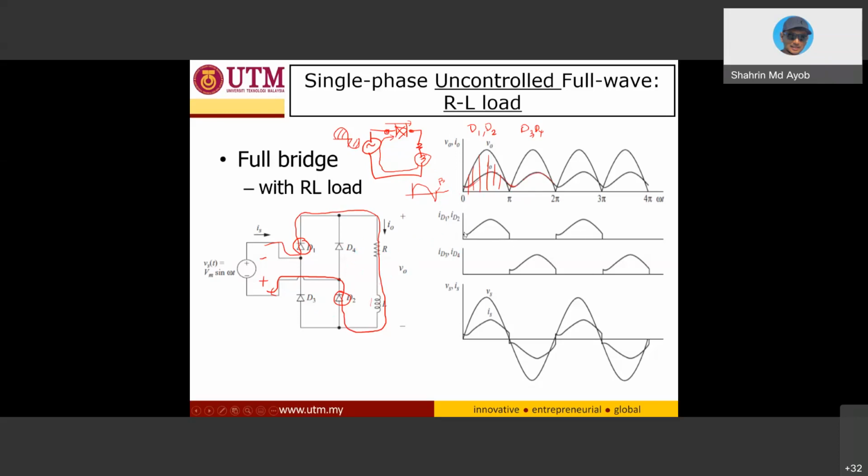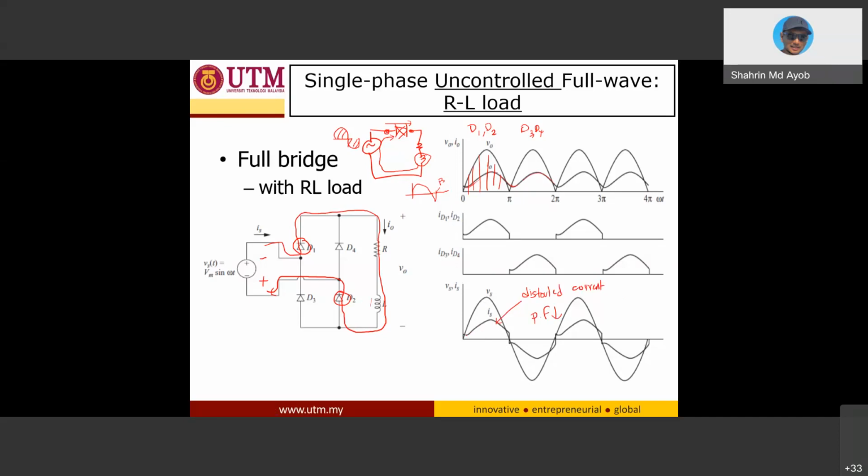And this is the diode currents, ID1 and ID2, and also ID3 and ID4. The voltage source is sinusoidal, and the current is also sinusoidal but distorted. Even though it is sinusoidal, we call this current waveform a distorted current, meaning your power factor will be very low.